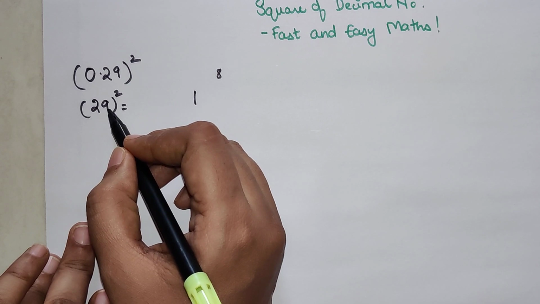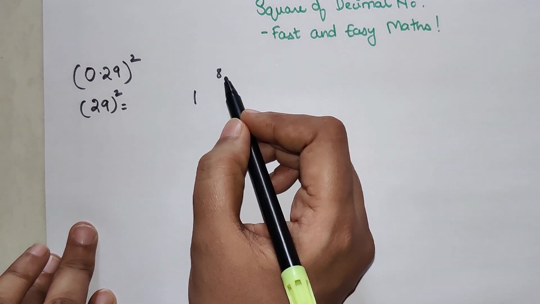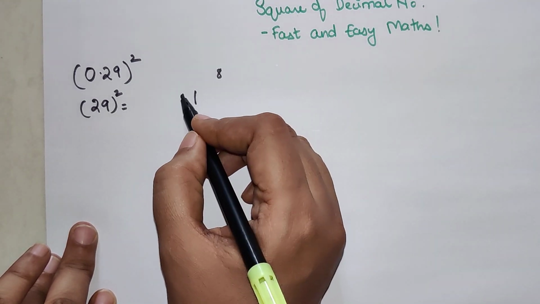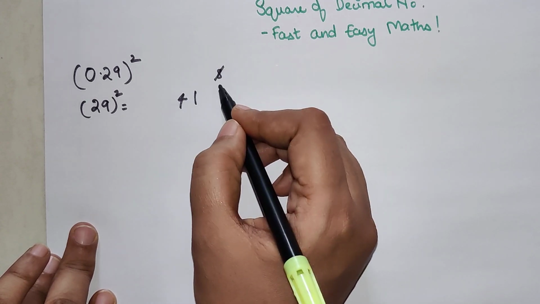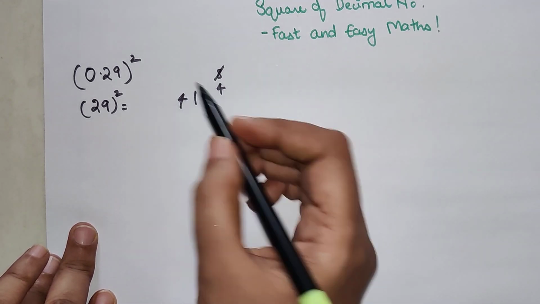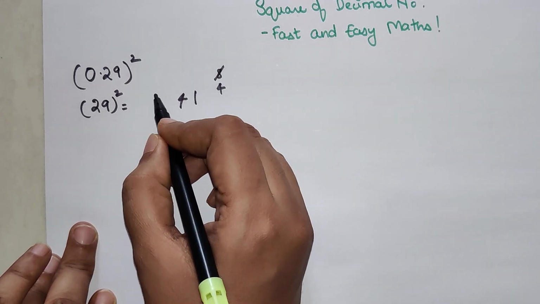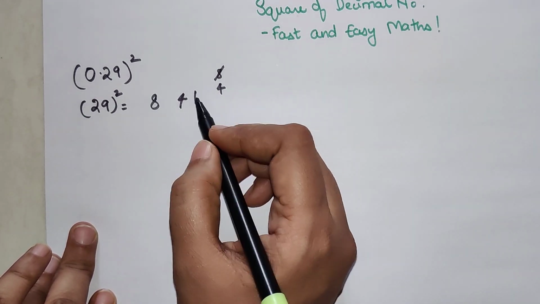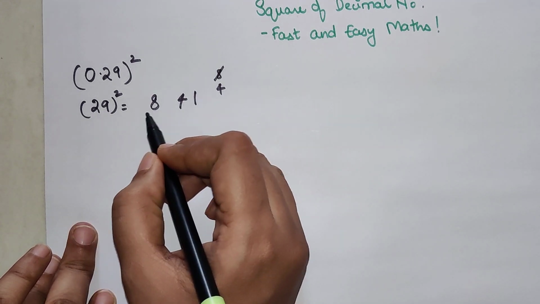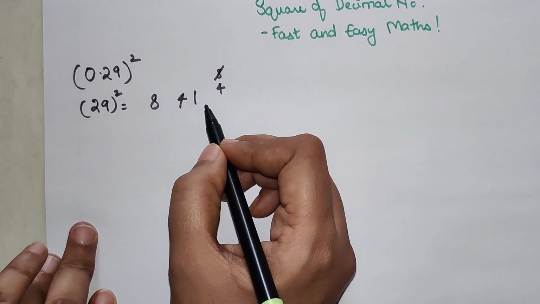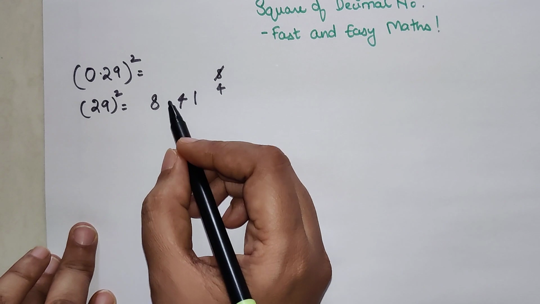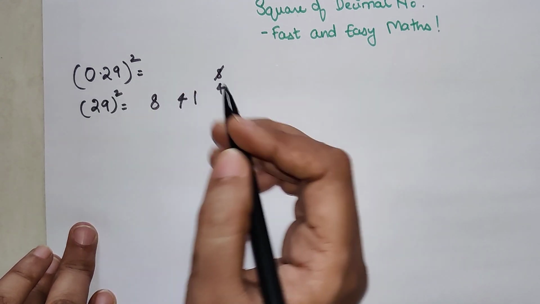So 2 into 9 is 18, 18 into 2 is 36, 36 plus 8 gets you 44. So we'll cancel this 8 and write 4 ahead. And then the square of 2, which is 4, 4 plus 4 is 8. So your answer now for 29 square is 841. But you need to find the answer for 0.29.